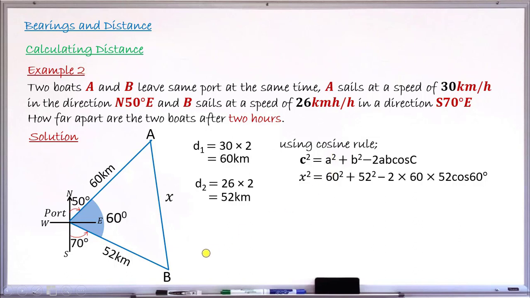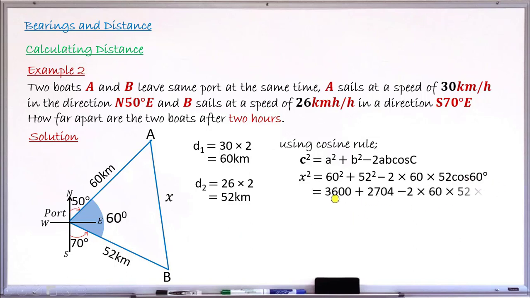So I replace A by this distance 60 kilometers and B by this distance 52 kilometers. So I'm going to have 60 squared plus 52 squared minus 2 times 60 times 52 multiplied by cos 60. Cos 60 is this very angle, please. So I'll now find 60 squared, 52 squared, and the value of cos 60.